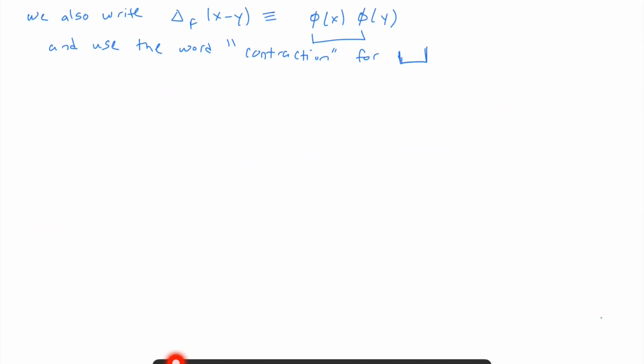More nomenclature, different ways of expressing the same thing, but stuff you need to know for QFT. You may want to take time and go back and write some of this out yourself. But another way, by definition, of writing the scalar Feynman propagator is this. If we have the scalar Feynman propagator of space-time point x minus space-time point y, we can just write the operators phi x and phi y and put this line underneath them connecting the two, and that's called a contraction.